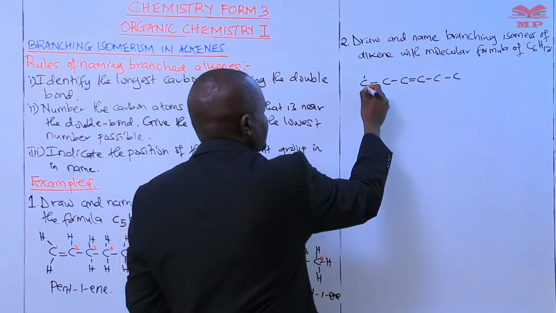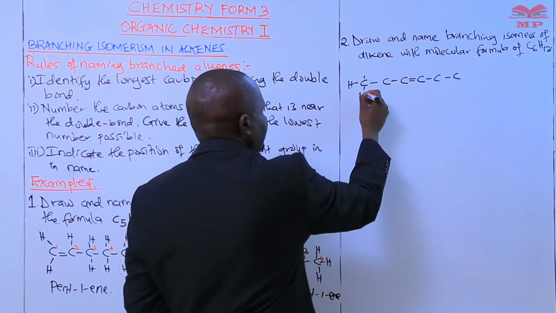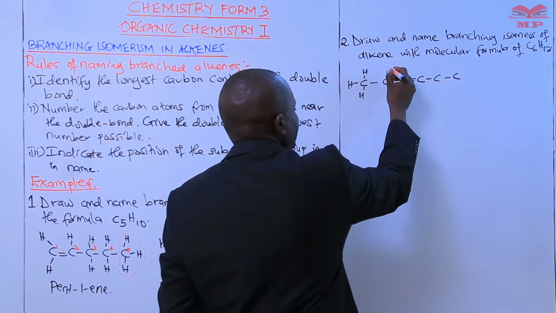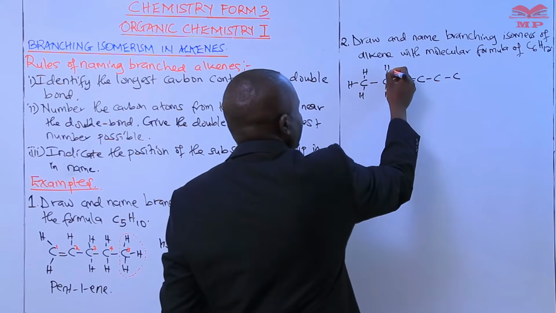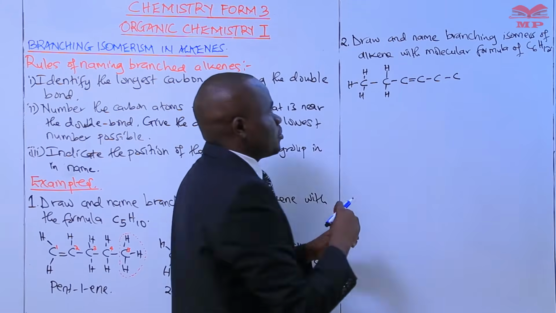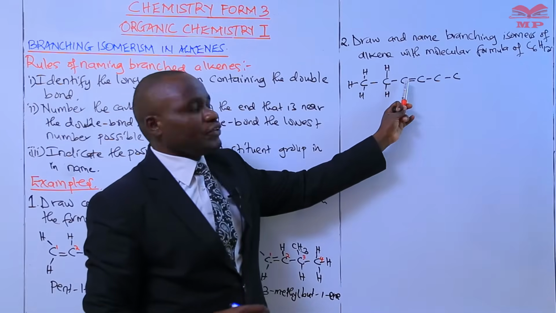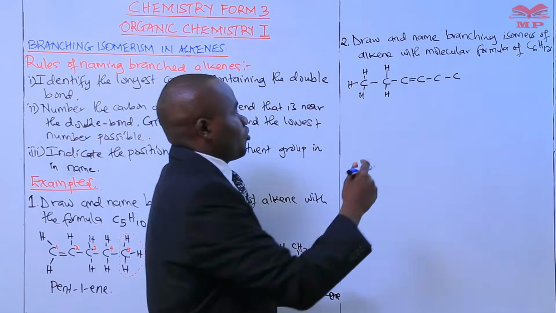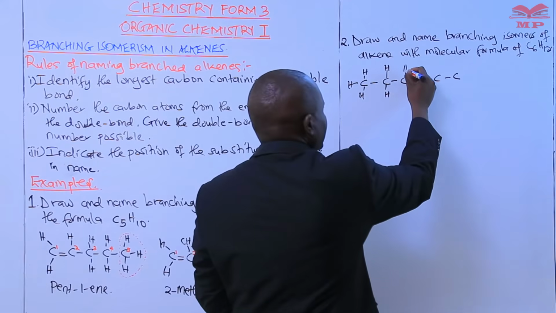So the first one, we are going to add 3 bonds. Next, we shall add 2, one up, another one below, like that. The next carbon has 3 bonds. This is 1, 2, 3. So we are adding one more to make it 4. So we add one more here.